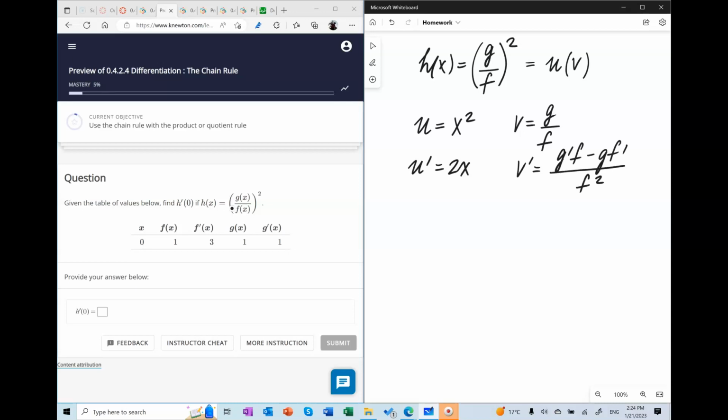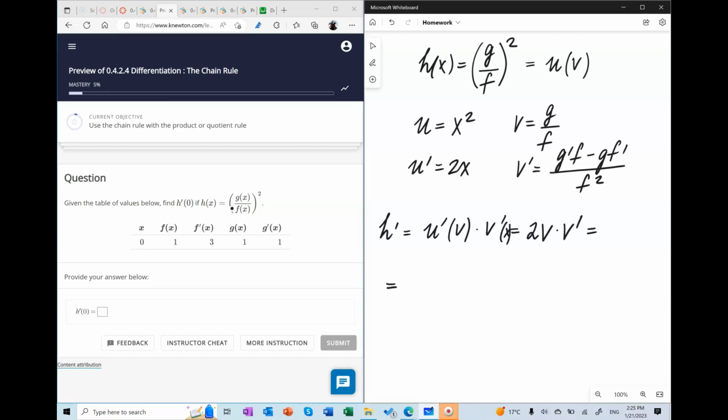Notice how this is not the same as f over g, so I had to adjust the quotient rule to reflect that change. But now if I'm looking for derivative of h, it's going to be the u prime evaluated at v times v prime and evaluated at x, and u prime at v, it's 2 times x, but instead of x I'll be plugging in v, and instead of v prime let me just put v prime over here, and now we're going to plug everything in.